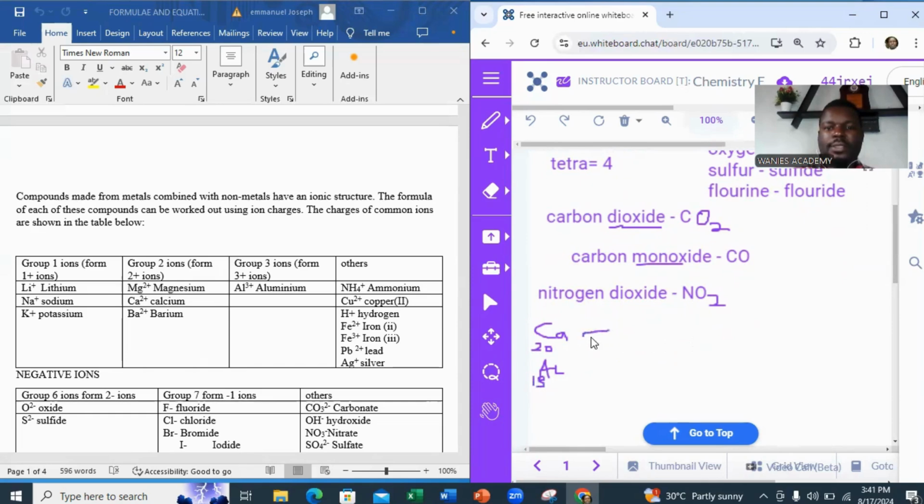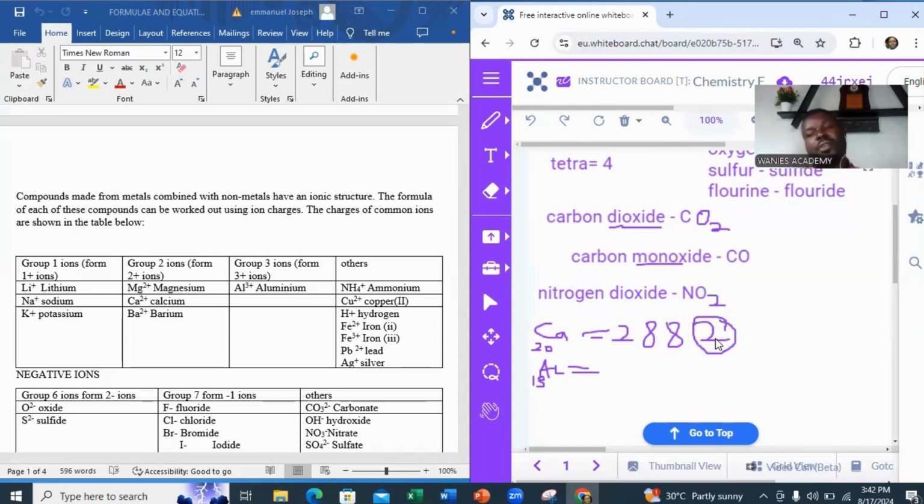So when you're writing the electron configuration showing their energy levels, the first energy level will take 2 for calcium, followed by 8, and then the third one 8, and then the last will be what? 2. So for calcium to achieve stability, it needs to give out 2.